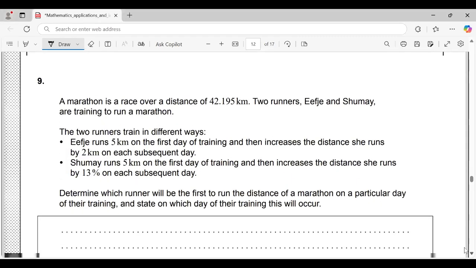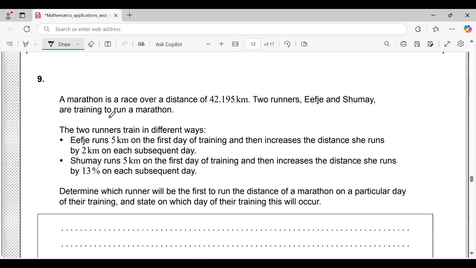Number 9. A marathon is a race over a distance of 42.195 kilometers. Two runners, Fe and Shumei, are training to run a marathon. The two runners train in different ways. Fe runs 5 kilometers on the first day of training and then increases the distance he runs by 2 kilometers on each subsequent day.